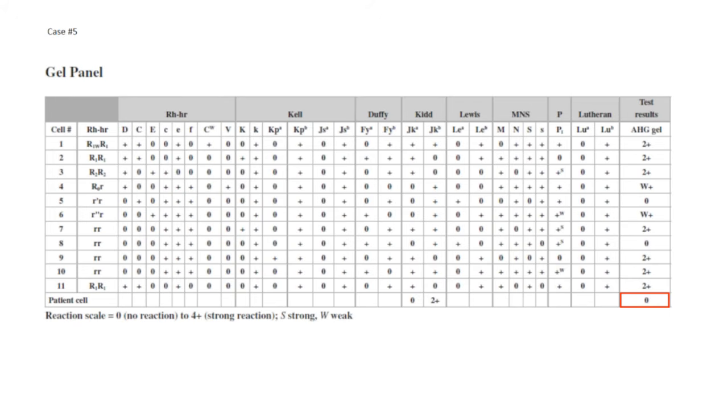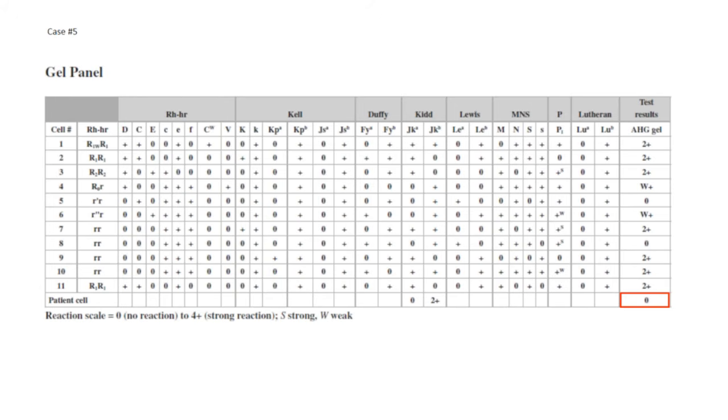That this could be an alloantibody, and we don't have an autoantibody. Right. So we possibly have more than one antibody present because of the difference in the reactivity at 2+ and weakly positive.